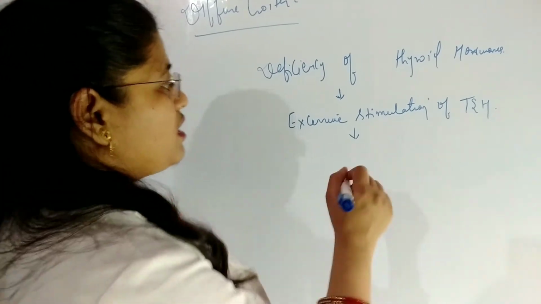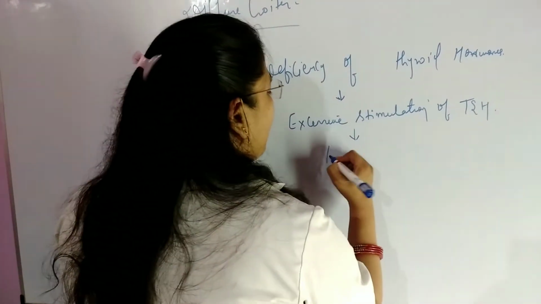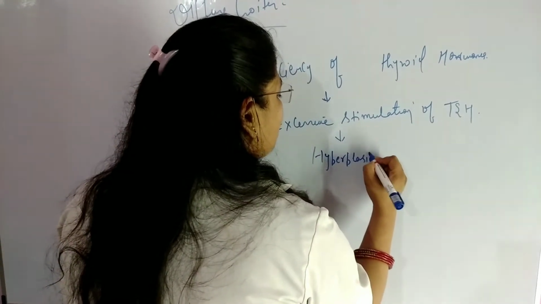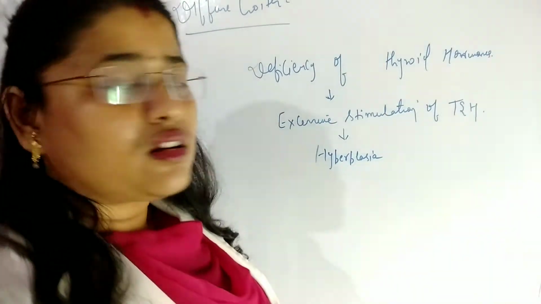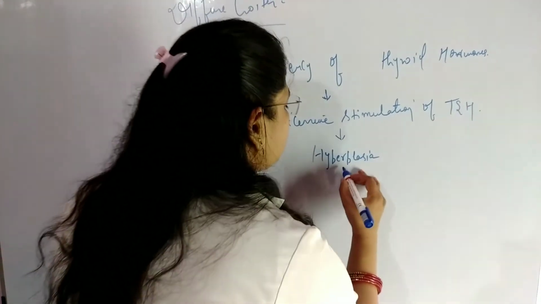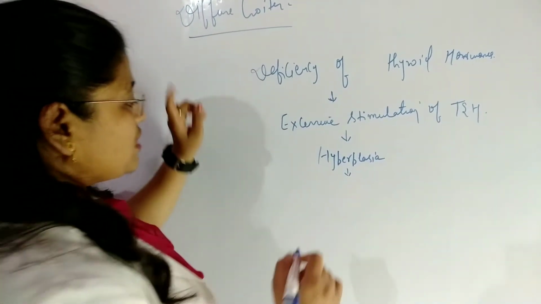Excessive stimulation of TSH causes hyperplasia of the thyroid gland, and this hyperplasia produces diffuse goiter.